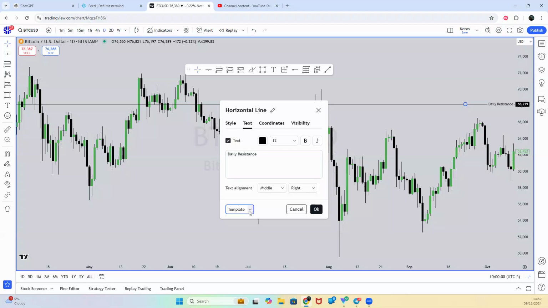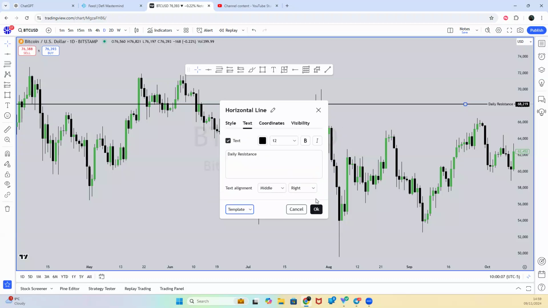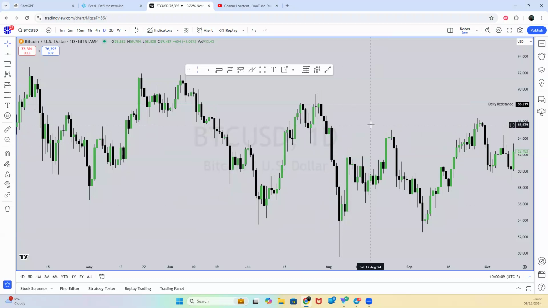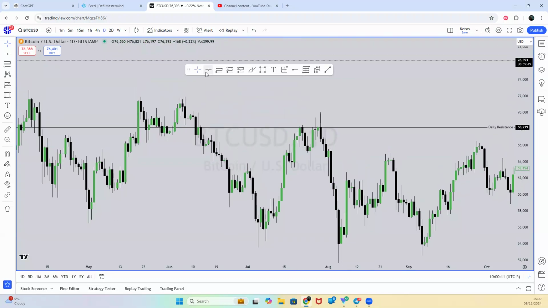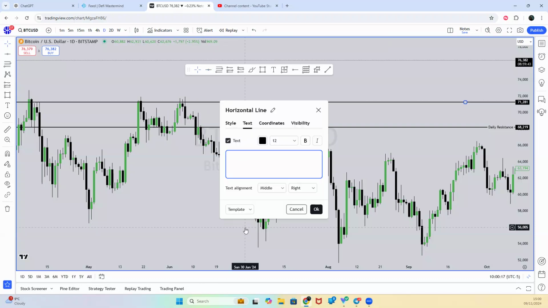I could save this as a template called daily resistance, and then it saves me a bit of time the next time. If I wanted to put another horizontal line in here and double click it and choose daily resistance, it's going to come up like that.